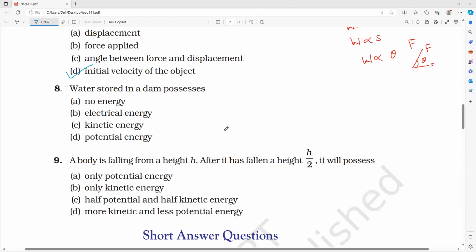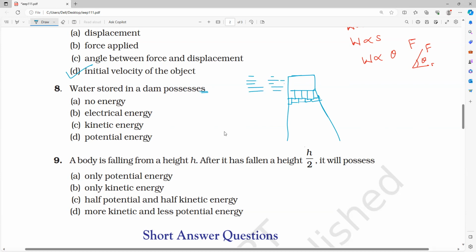Next. Water stored in a dam possesses what energy? Stored water, as I told you, has potential energy. If you take a dam, the water stored in it possesses potential energy.